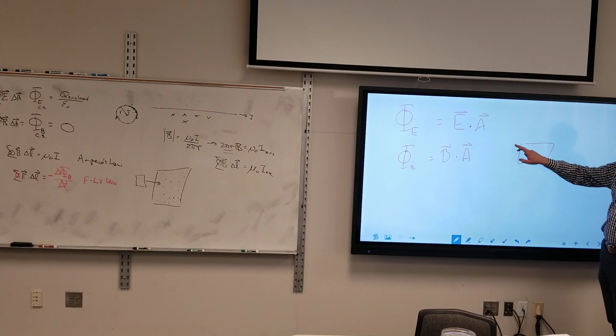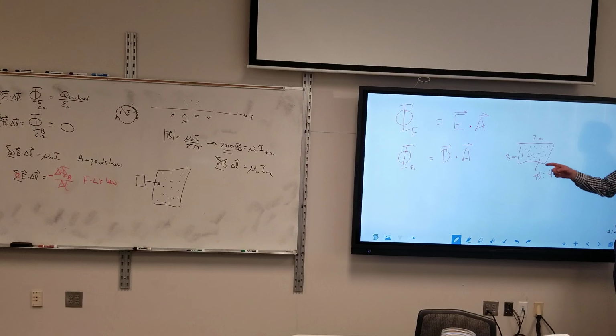So if I have a box here that is 3 meters by 2 meters, and I've got a magnetic field coming through, perpendicular to it, and the magnetic field is 4 Tesla. My magnetic flux, well, first off, what's the magnitude of my area vector? Six. Give me the whole thing. 6 meters squared. Yeah, all right. So the magnitude of my area vector is 6 square meters.